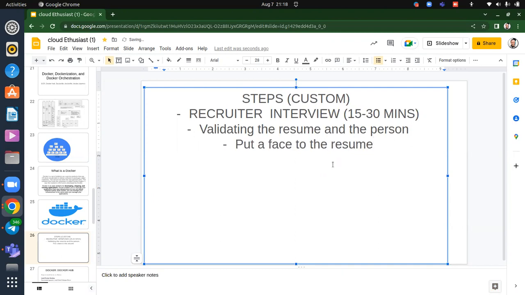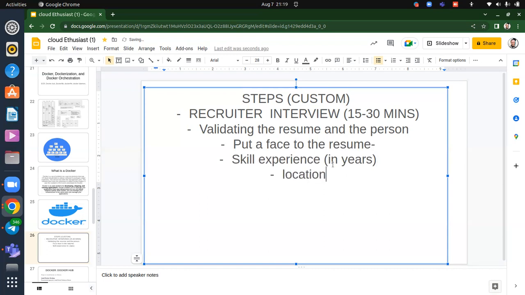This is where they will ask you the number of years of experience per skill, in years. They will ask you your location and your expected salary.